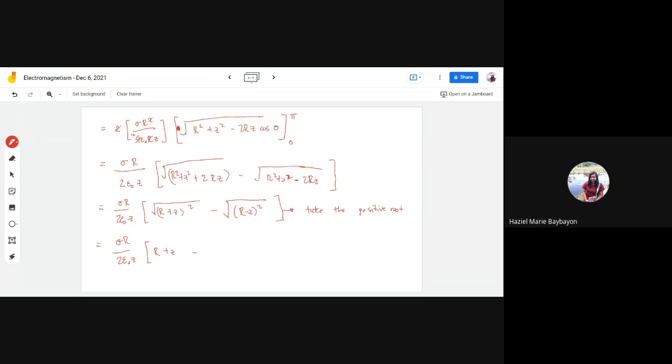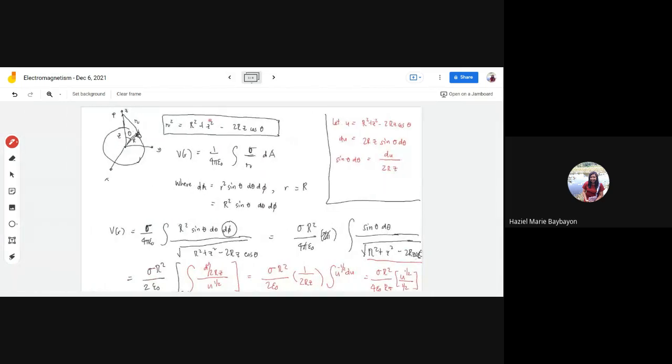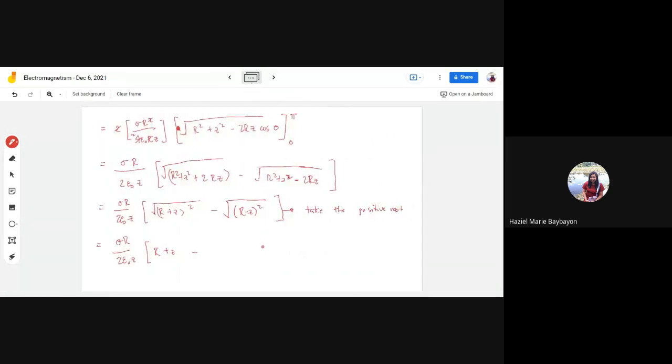Based on the figure, the point is outside the shell, so the length from the center towards the point is greater than the radius r. Therefore, the positive root is z minus r.